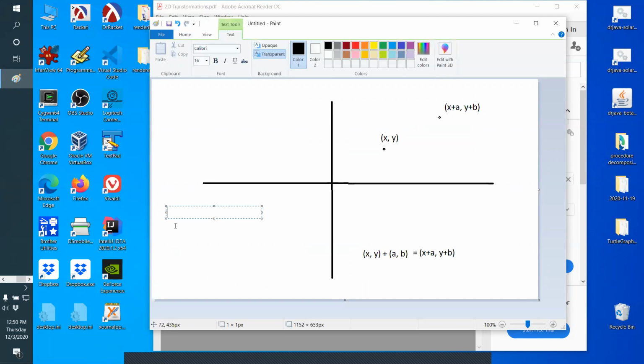If I do a matrix operation over here, there are the 4 numbers in a matrix, and I'm going to multiply it by a vector x, y.